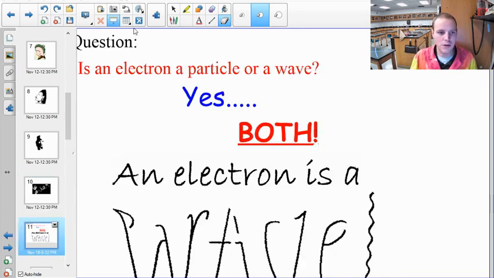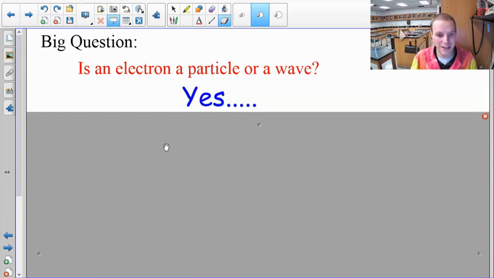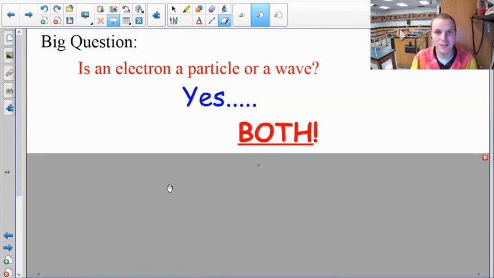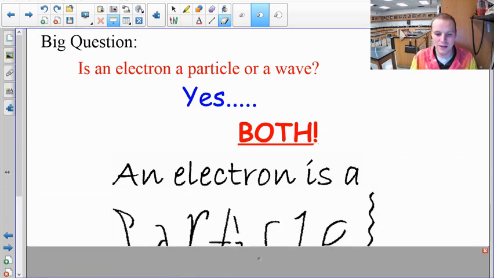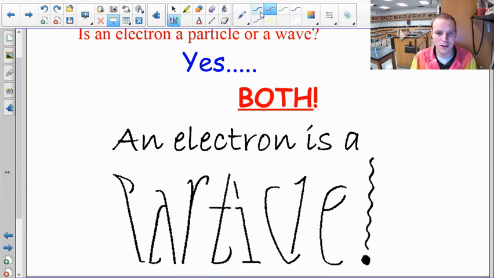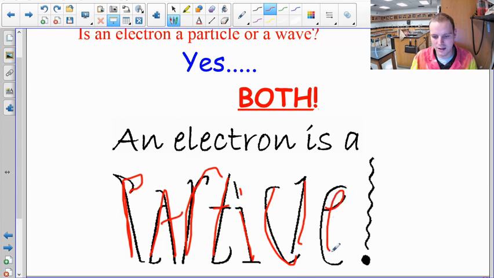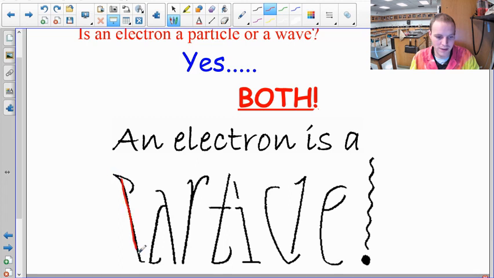So when it comes to whether an electron is a particle or a wave, the answer is yes. It's both simultaneously. And so you see how this word can be the word particle? Check it out. So you got P, A, R, T, I, C, L, E. Or you could also read the word wave.